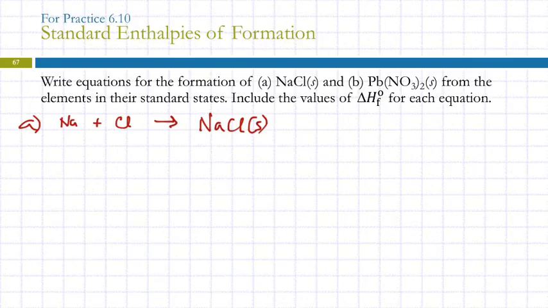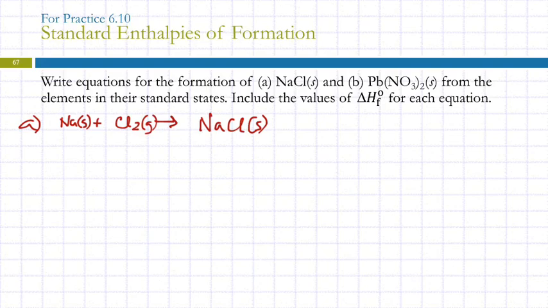So the sodium is Na solid, and chlorine is Cl2 in a gas state. That's how I get the formulas for those. I need to balance this reaction, but I need to end up with this coefficient being 1. You can do it like we did it for the carbon monoxide one.